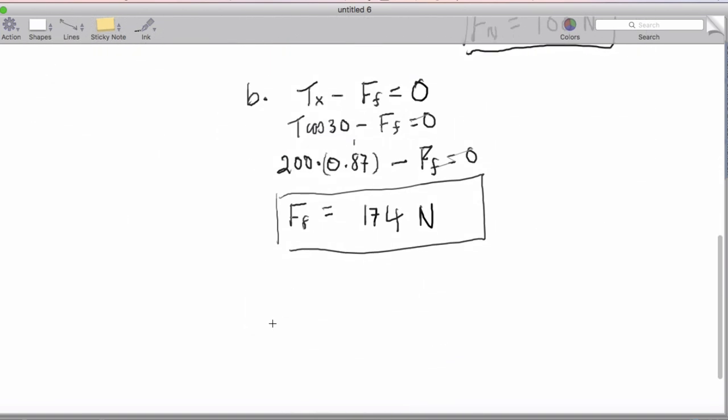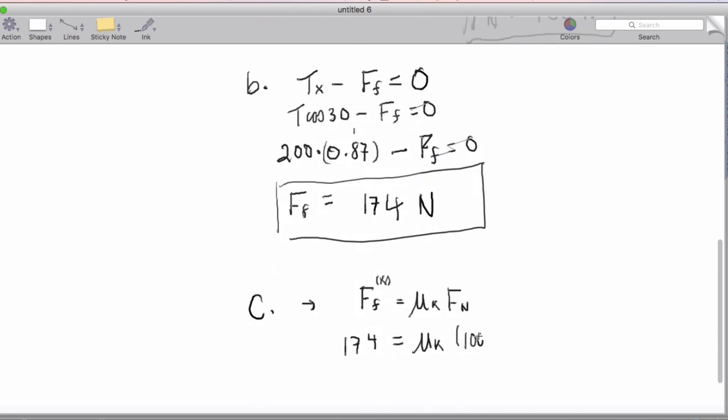So for part C, the coefficient of kinetic friction. Well, we know friction, kinetic, is going to equal mu kinetic times the normal force. So I'm going to end up getting 174 equals mu kinetic times 100. So it actually looks like here mu kinetic is going to end up being, we'll take 100 divided by 174.